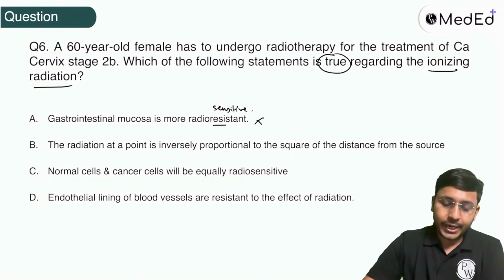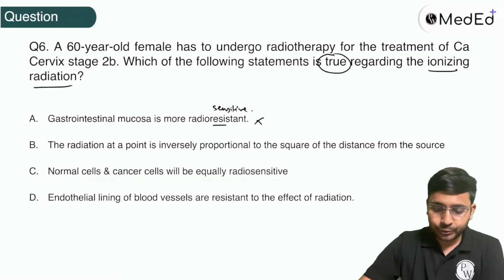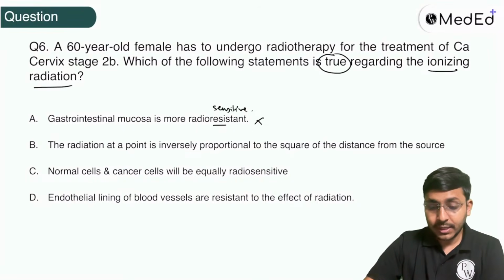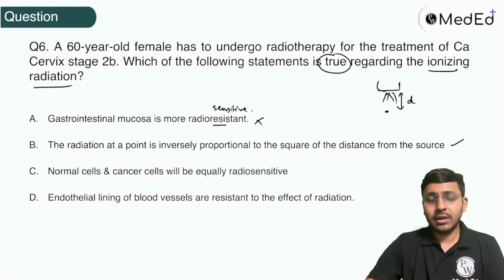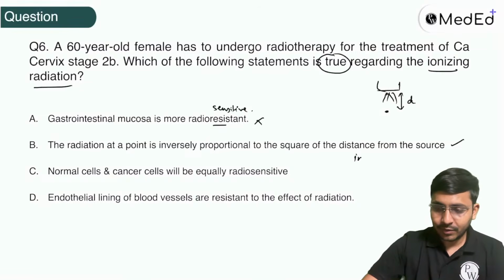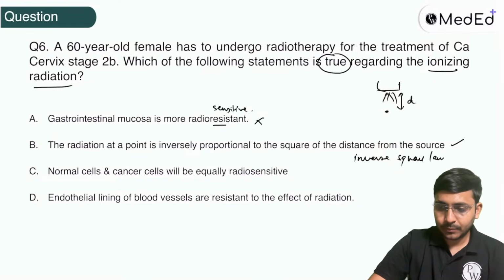The radiation at a point is inversely proportional to square of the distance from the source. Yes, this is true. That radiation at a point, if this is the source of radiation, the radiation at this point is inversely proportional to distance between the source and the object. What is this? Inverse square law.